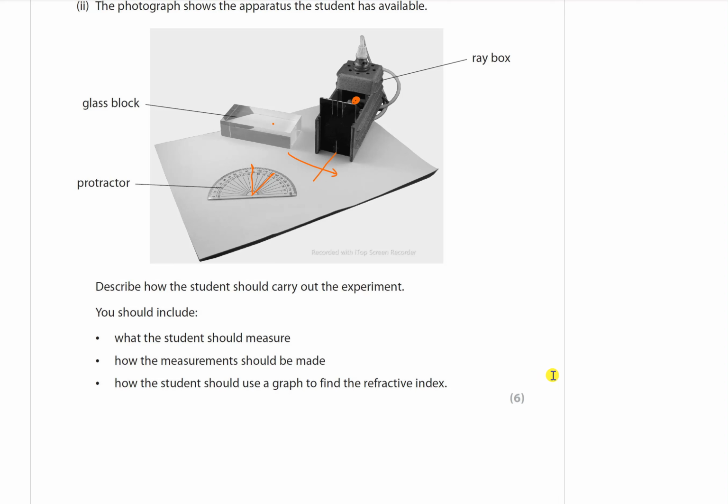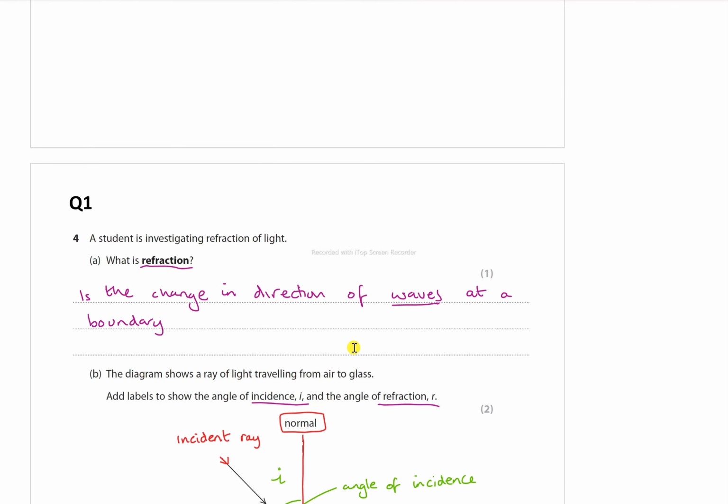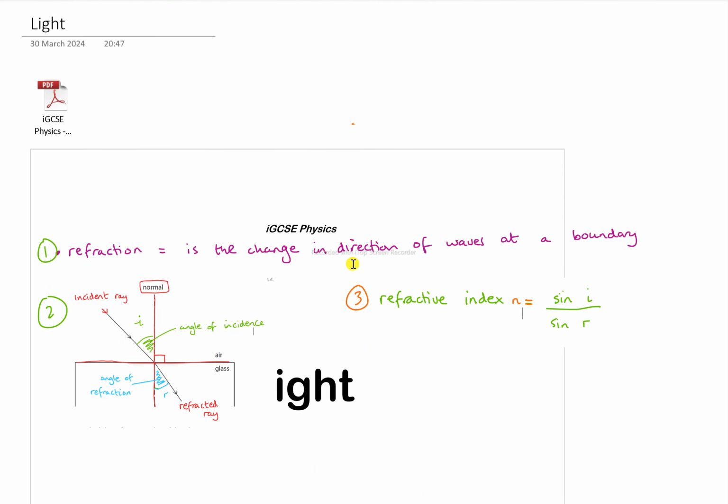Just one second. So the refractive index is how much a light is bent, or how we defined it up here. Right, okay, so let's put it here in words.